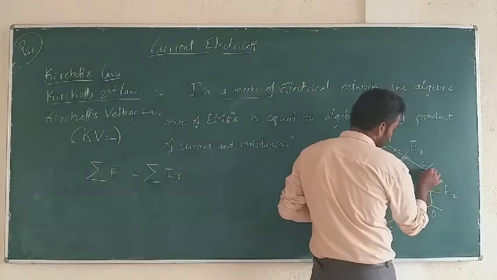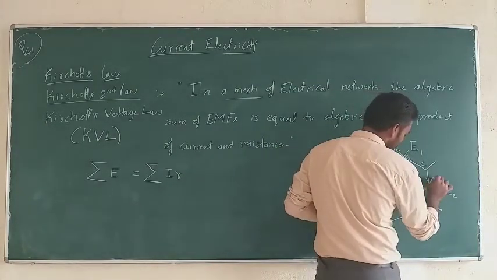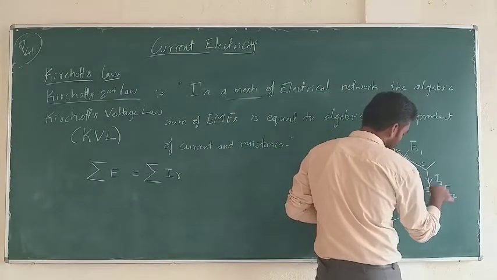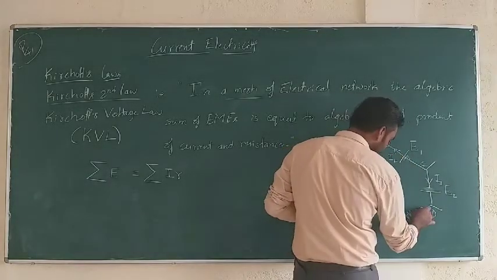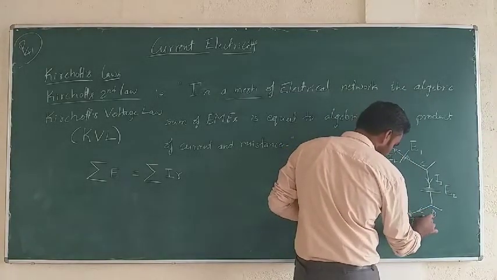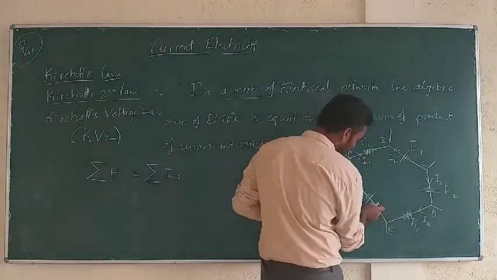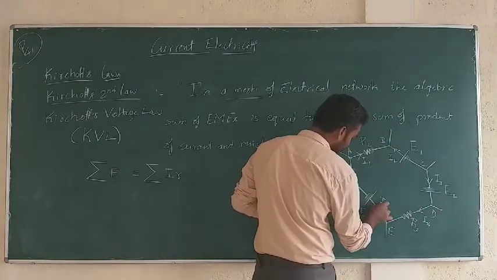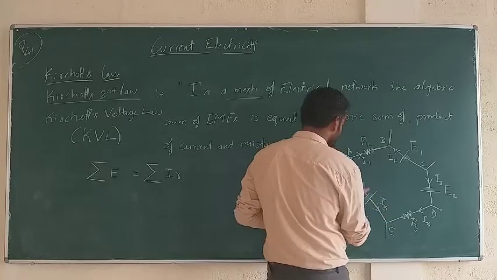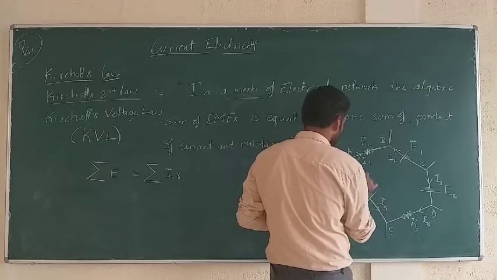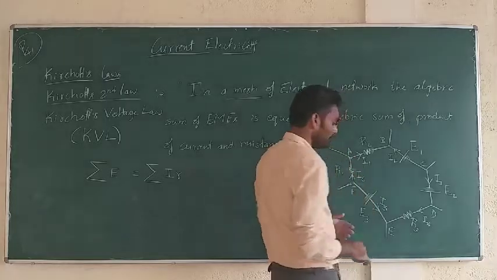And here again you have a connection outside, so I can expect a current of I3 like this, and in this part again I can expect a current I4 in this direction, and I can expect a current I5 in this direction, and I can expect a current in this direction, which is I6.